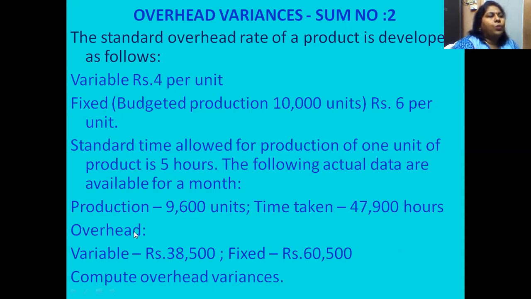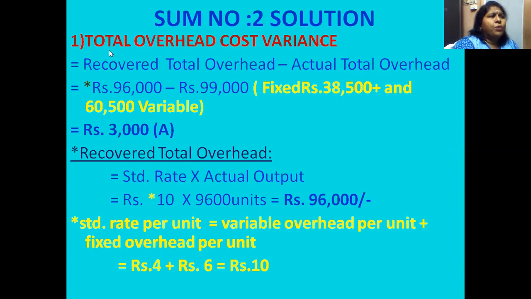In this kind of problem, how do we calculate the overhead variances? First, I move on to the calculation of total overhead cost variance. How to calculate it? First, we need to calculate the recovered total overheads minus actual total overheads. So first calculate the recovered total overhead, which we work out by multiplying the standard rate into actual output.